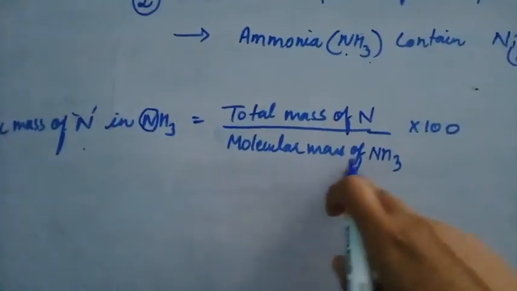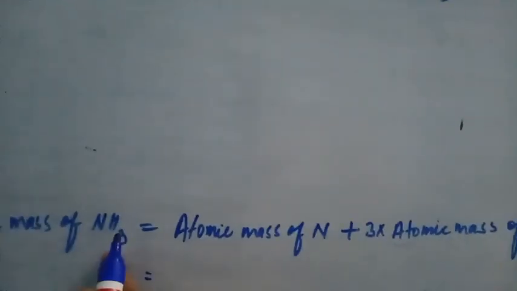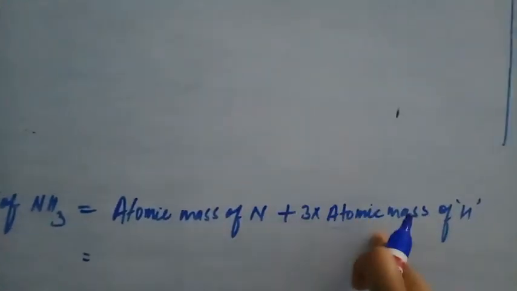So molecular mass of ammonia can be calculated as atomic mass of nitrogen, plus 3 into atomic mass of hydrogen.